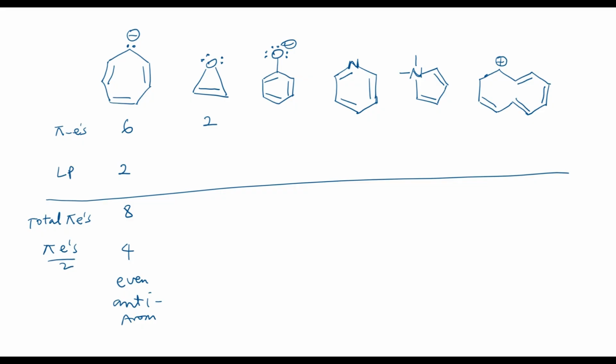So we will only count one of the lone pairs. And one lone pair has 2 electrons. So total electrons from the pi bond and the lone pair is 4. If you divide 4 by 2, you will have 2. 2 is an even number. Therefore, this molecule is anti-aromatic.